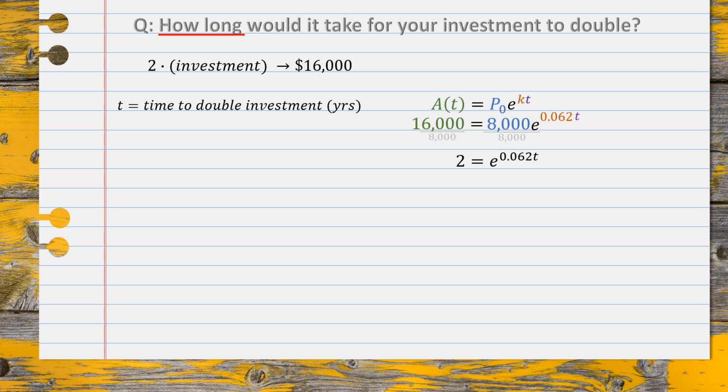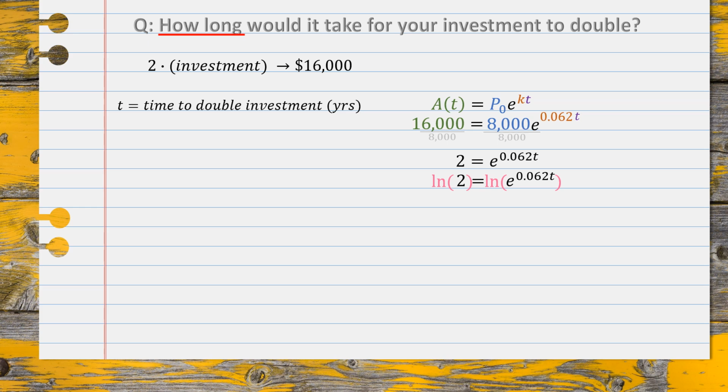So we've helped remove a little bit of numbers away from the variable, but our variable is still trapped as an exponent. So think back to all your rules and all your skills that you've learned over the semester. How do we get a variable out of the exponent? Well, because we have a base of e, we are going to take the natural log, as long as what you do to one side, you must do to the other side.